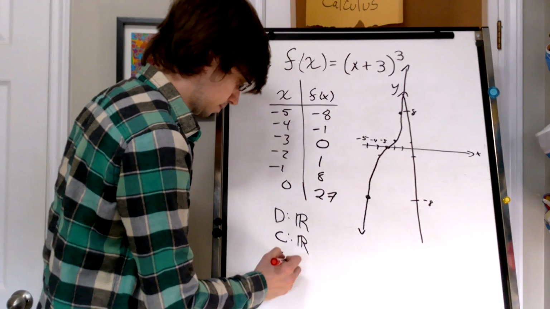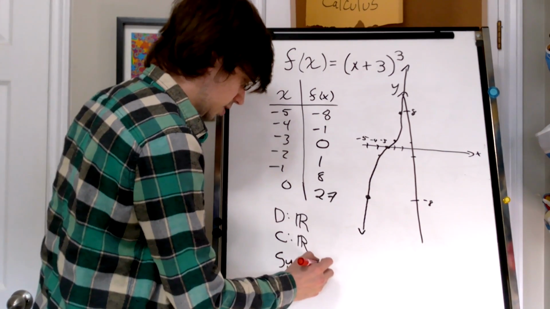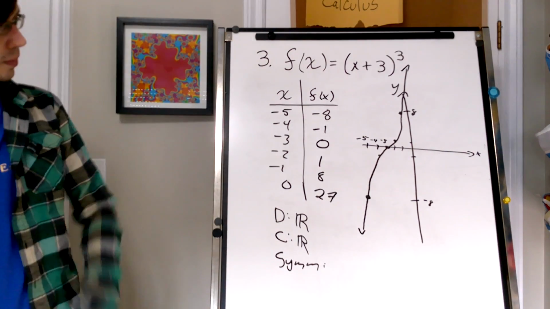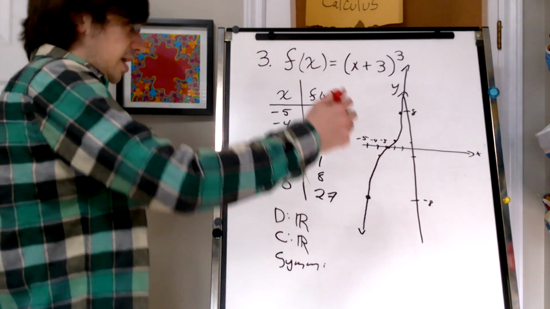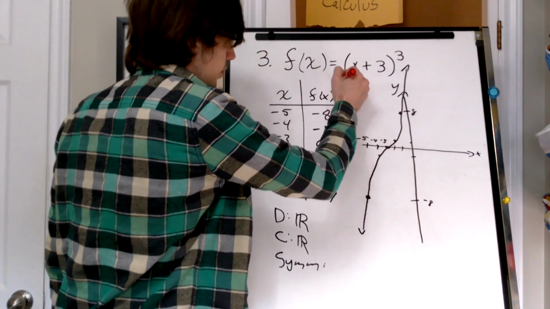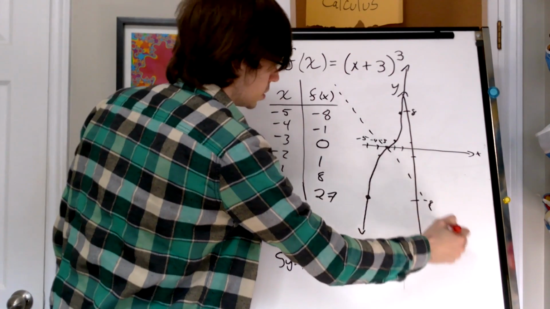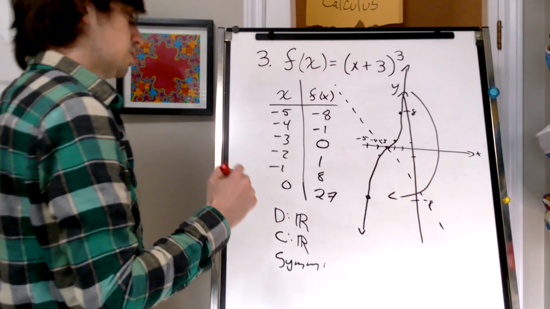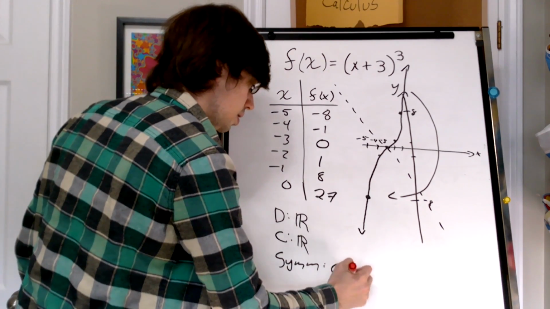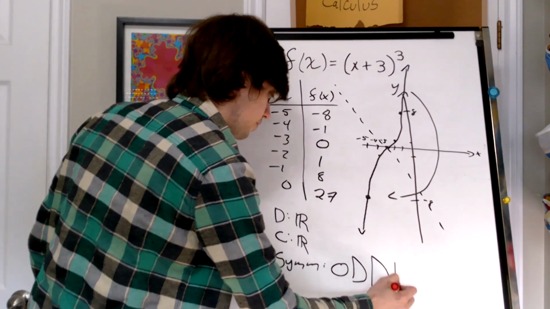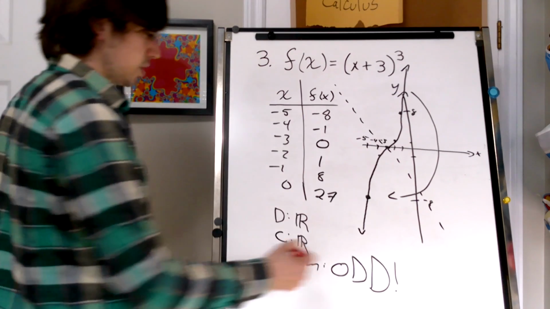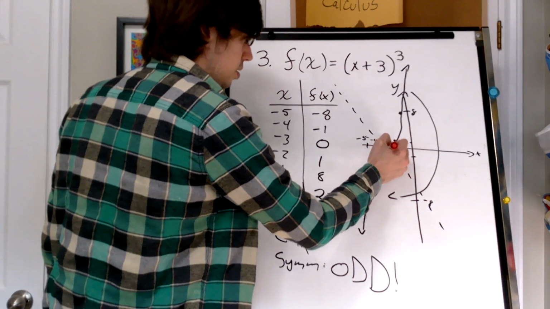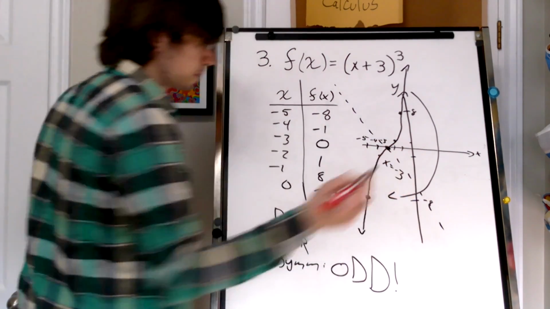Symmetry. Is there symmetry? It's a type of rotational symmetry, which is what we get when we have odd functions. And so it's odd about x equals -3.